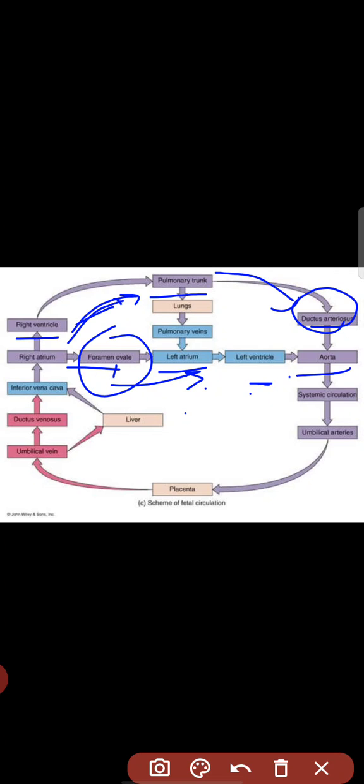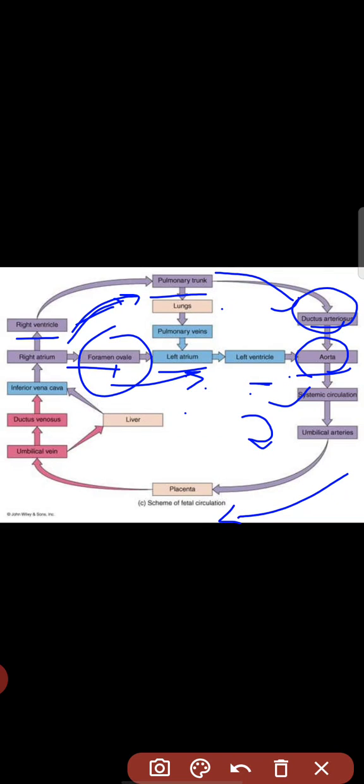So from both circuits, blood from the left ventricle and pulmonary trunk finally reaches the aorta, and through the aorta blood goes into the systemic circulation of the fetus, and from the systemic circulation the umbilical veins receive the blood and it comes to the placenta again.